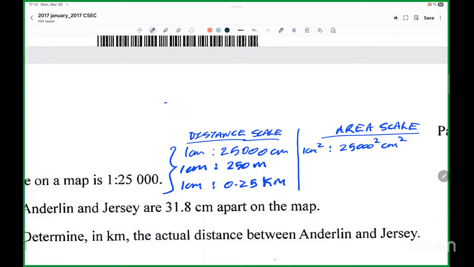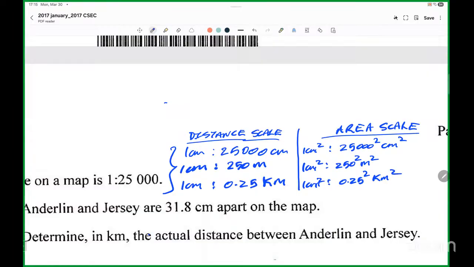If it's this one in meters, then it's 1 centimeter squared on the map, and then you square this again, it is 250 squared meters squared. And if it's kilometers you're working in, it will be 1 centimeter squared represents 0.25 squared kilometers squared if you're working in area.